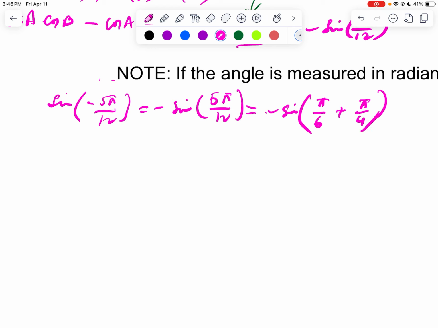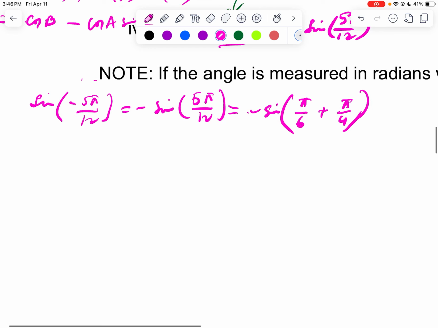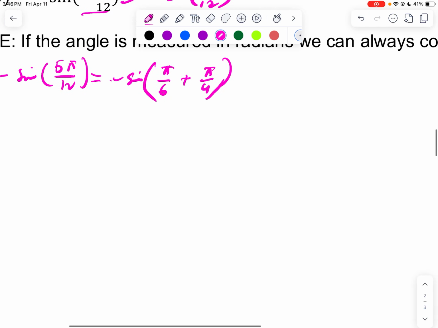And now let's use the sum formula for the sine. So I'll keep the negative sign outside.